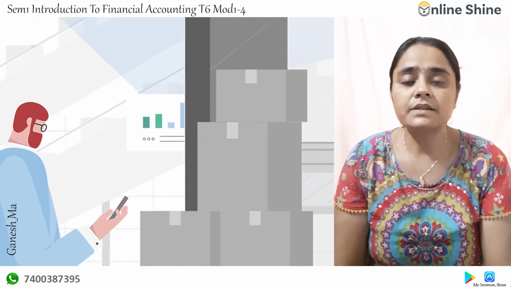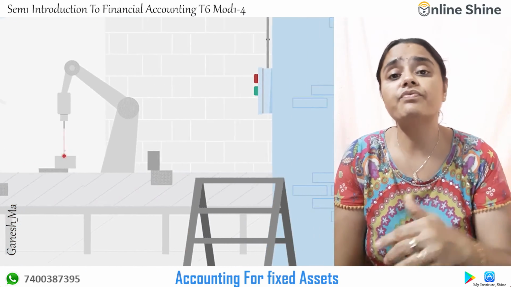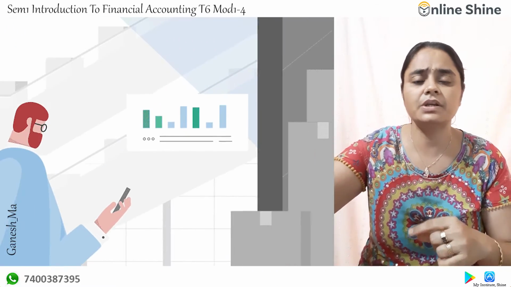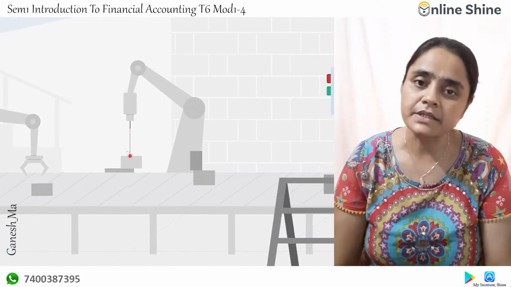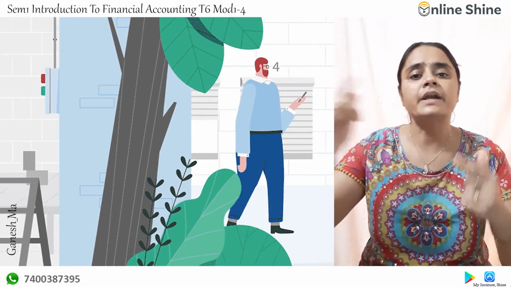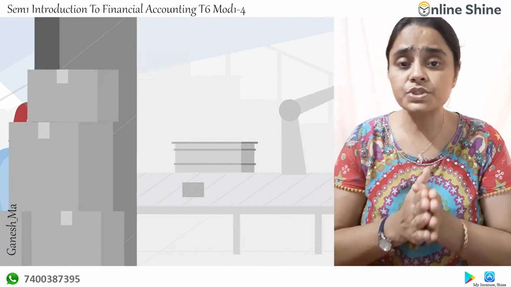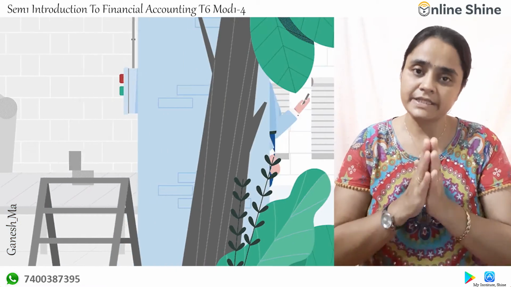Now the last one in this is AS10, that is accounting standard 10, accounting for fixed assets. AS6 depreciation and AS10 accounting for fixed assets are interrelated, because depreciation is provided on fixed assets. Whenever there is a fixed asset, that means that asset is used for more than one accounting period for the production of goods and services.